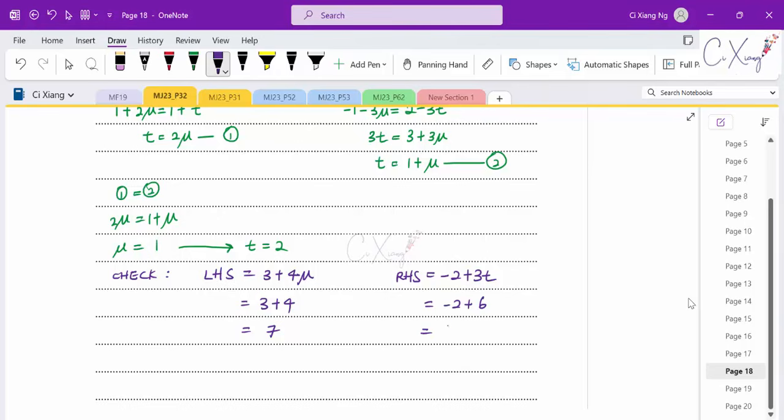Okay, and I'm having a 4. So I think it is very clear to show that the left-hand side value is not equal to the right-hand side value, right? Which means that the values of mu and t are not consistent for all three components. Therefore, the line AB and the line L do not intersect with each other.